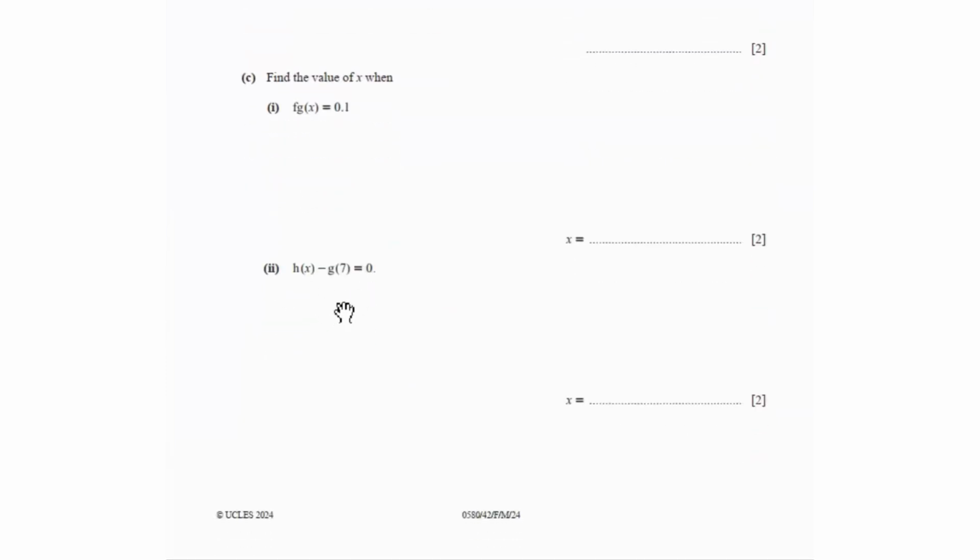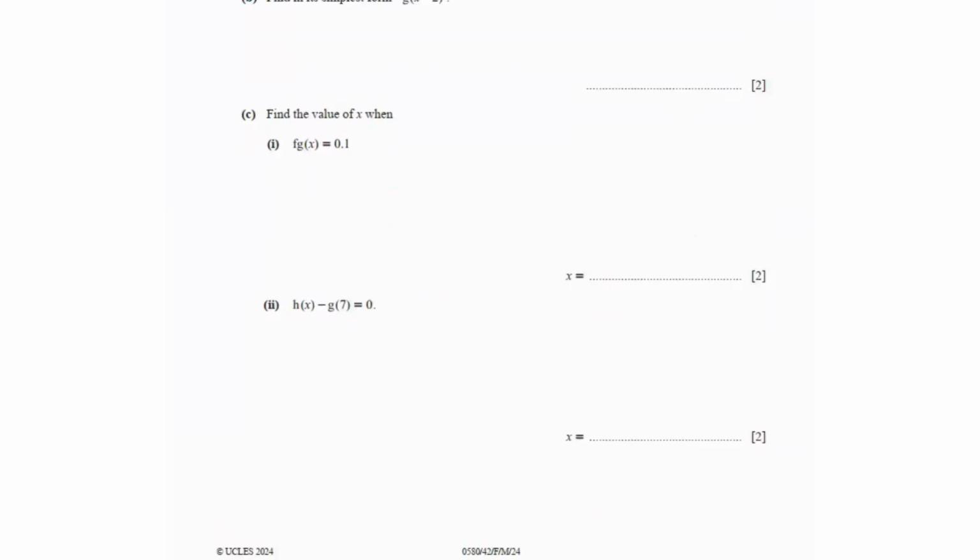Then it says h of x minus g of 7 is equal to 0. Find the value of x. So h of x was 2 to the power of x, minus 3 times 7 minus 5. So that's 2 to the power of x minus 21 minus 5.